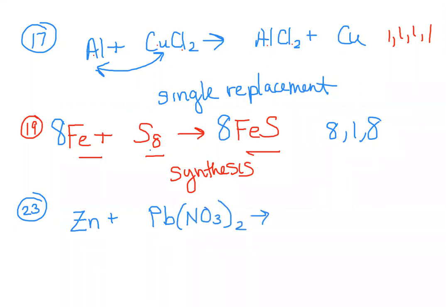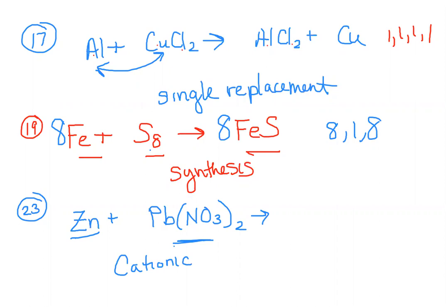Okay, single replacement. So that means this is going to have to switch with something over here on this side. So Zn is zinc, and zinc is a metal. So that means this is cationic because metals are going to switch.